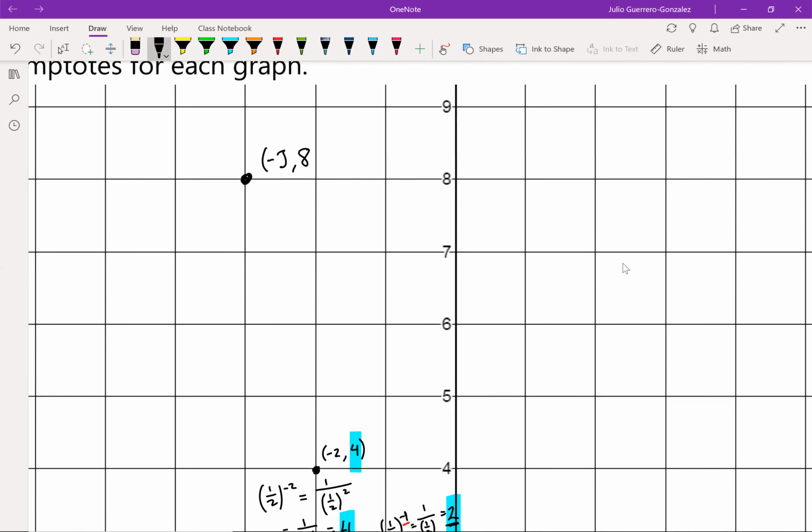So let me do the work for this one really quick. 1/2 to the -3, same as before: 1 over 1/2 cubed, which is 1 over 1/8. And if you do the division, you get back 8.